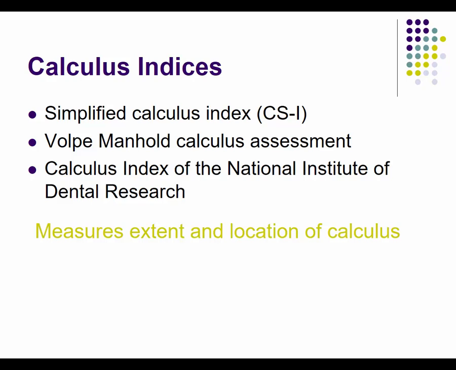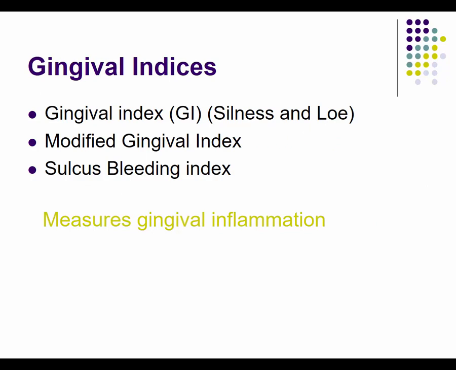Some examples of calculus indices: there's the Simplified Calculus Index, the Volpe-Manhold, and the calculus index of the NIDCR. That's the National Institute of Dental and Craniofacial Research, which was renamed several years ago, but I don't think the name of the index has changed. All of these measure the extent and location of calculus.